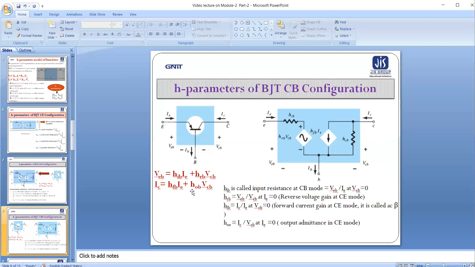When we multiply admittance with the voltage, it becomes a current. So the sum of these two currents is equal to IC. But practically the resistance value is very high. Therefore, the output current will only be equal to HFB into IE.